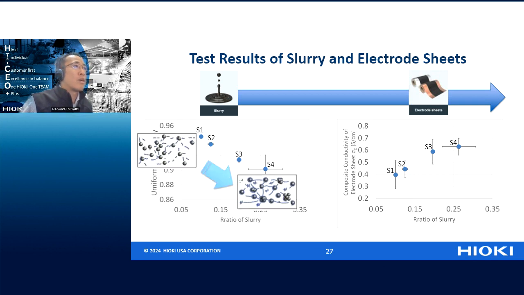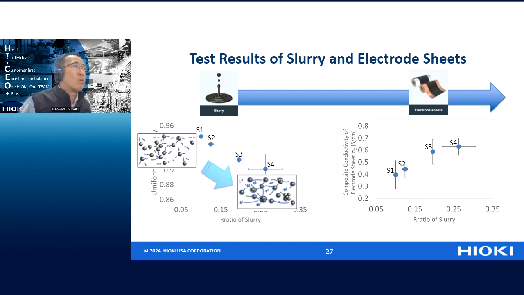So from S1 to S4, we expect the electrical pathways were more developed, and this assumption can be supported by the test results of the electrode sheet.